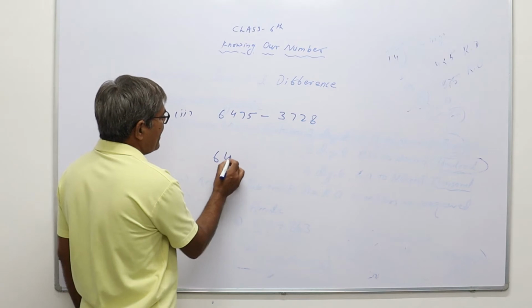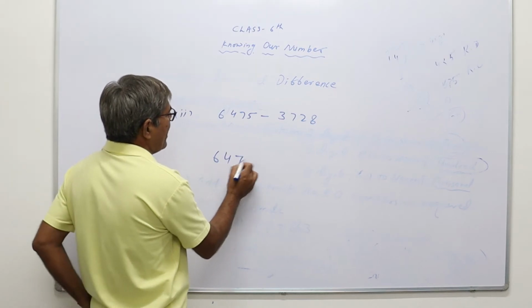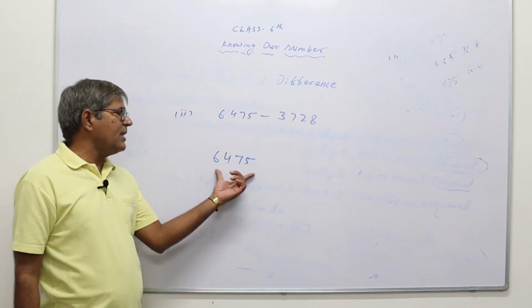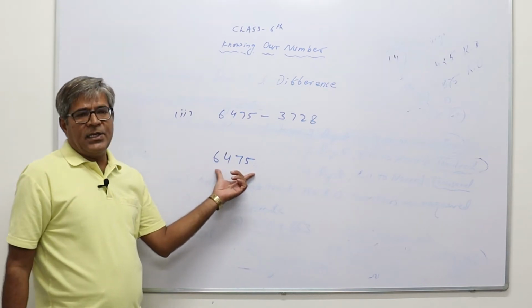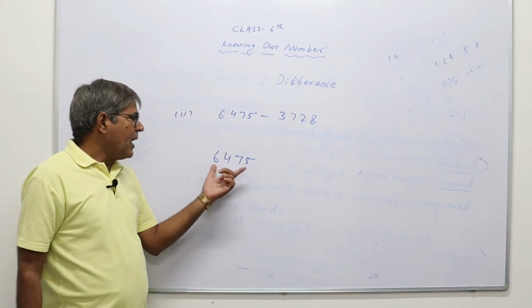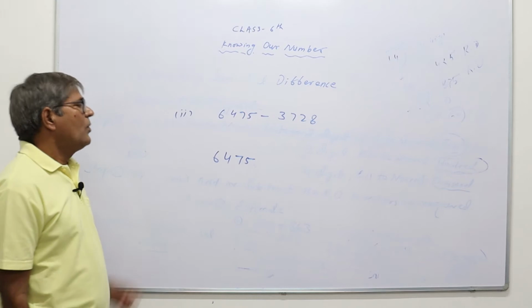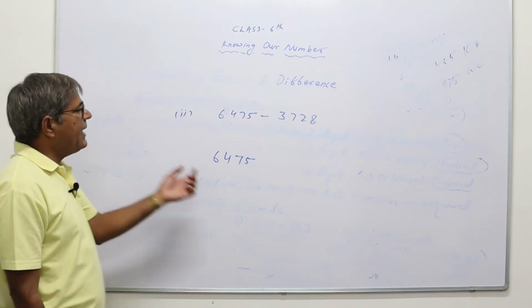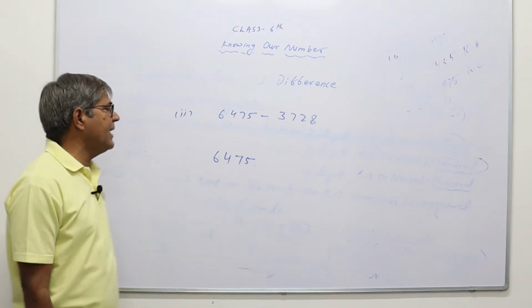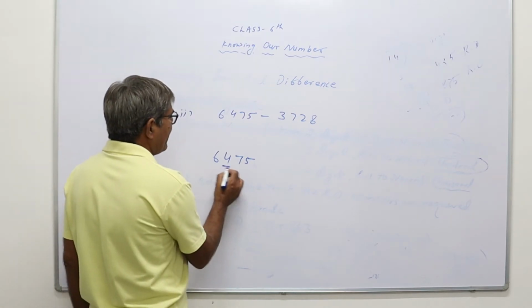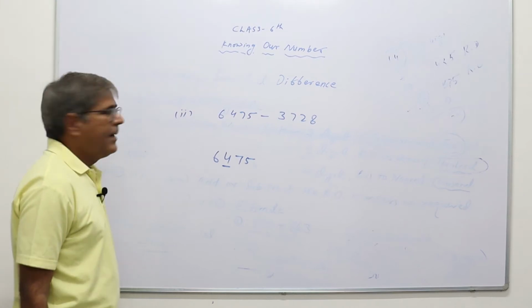So the first number is 6475 and the given number contains 4 digits. So we will round off this number to nearest 1000. To round off any given number to nearest 1000, we will first observe the digit at 100 place.